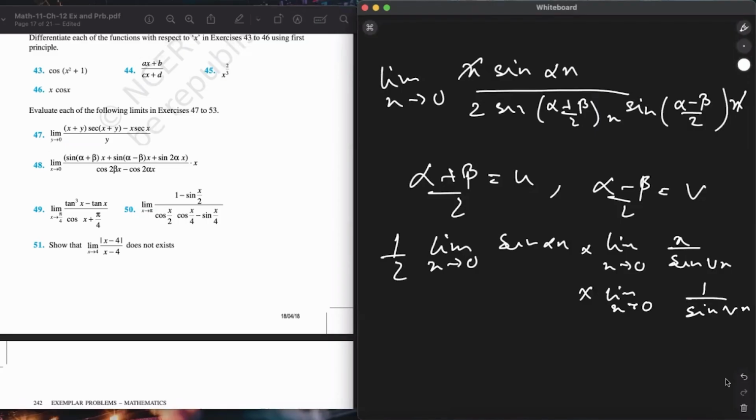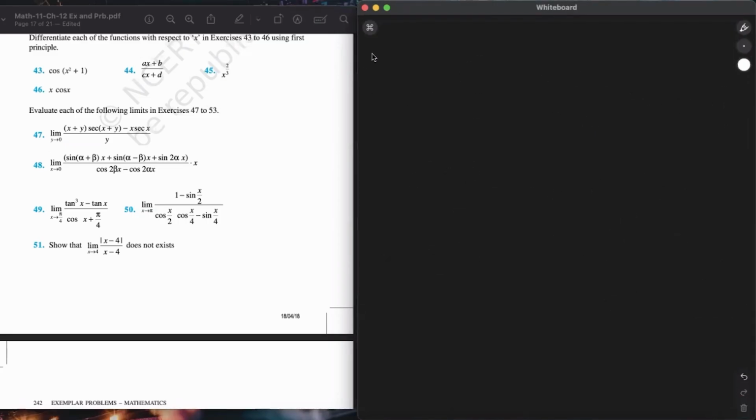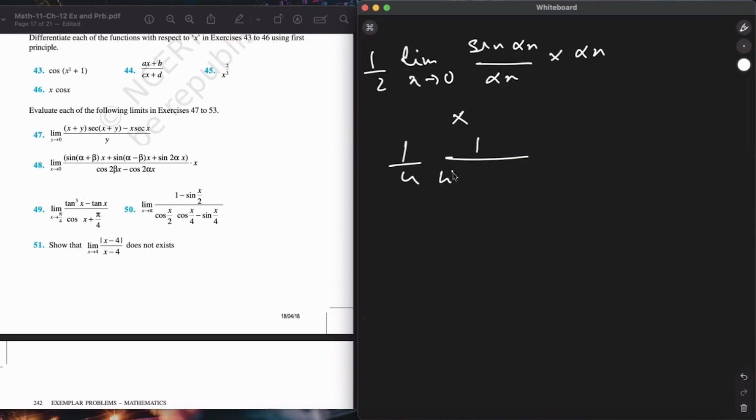Now 1 by 2, limit x tends to 0 sine alpha x. If I divide and multiply with alpha x, I'll be left with this. Next part, if I just give an extra u here, I can write this as 1 upon limit of x tends to 0 sine ux upon ux, multiplied with 1 upon limit x tends to 0 sine vx by vx.